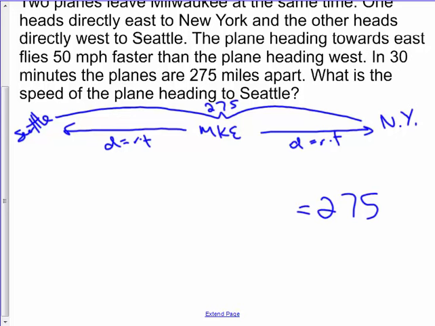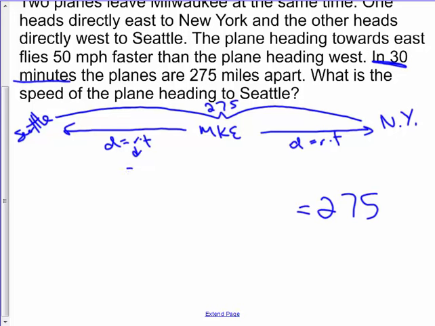Now, we don't know the distances, but we do know the rate and time. So I'm going to use that idea here. It says in 30 minutes, the planes are 275 miles apart. So in this case, I know 30 minutes. One flies 50 miles an hour faster than the other. Okay?